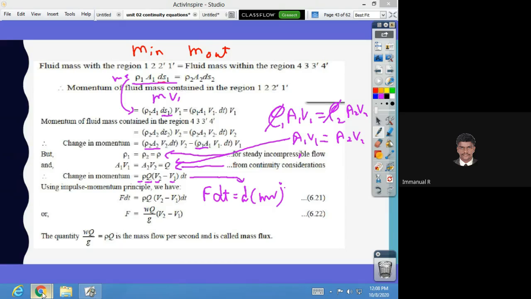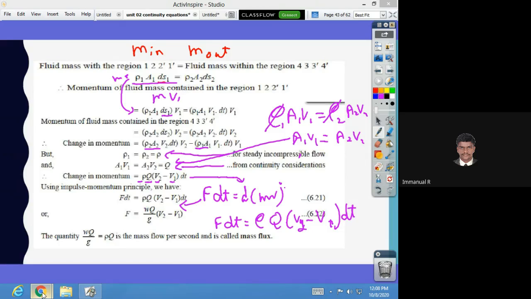So I just replace this equation with this equation. So F dt will be equal to rho Q (V2 minus V1) into dt.